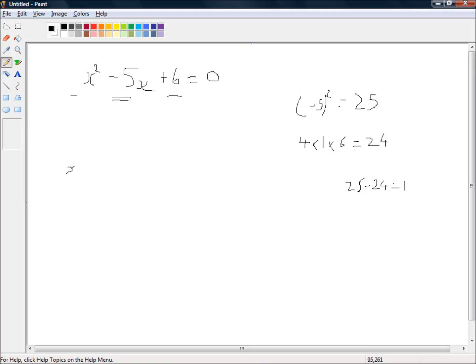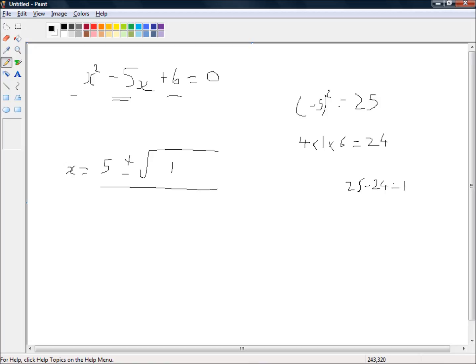So x is equal to minus b, so that's minus -5, which is just +5, plus or minus the square root of b squared minus 4ac, which is 25 minus 24, which we already know is 1, all over 2 times a.